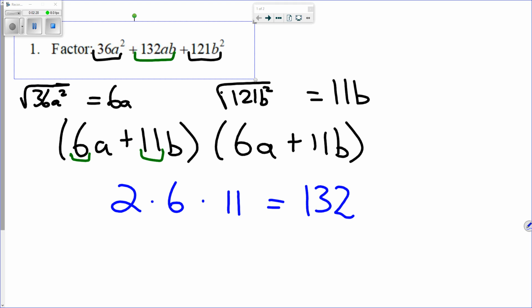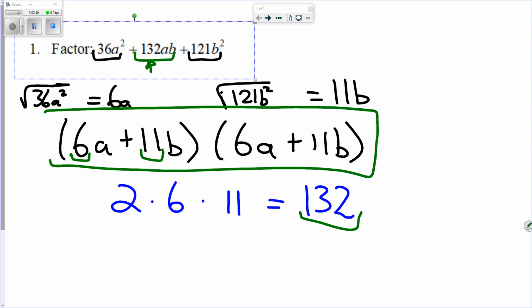So if that number is equal to that number, the coefficient right there, then, and only then, is this our factored answer for the question.